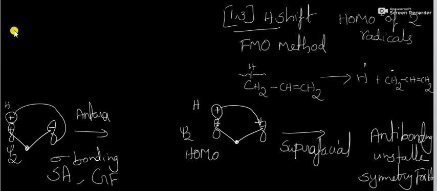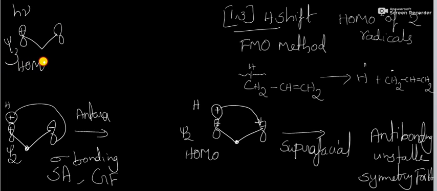Then third case, that is in the presence of light. 1,3 hydrogen shift under photochemical reaction following suprafacial migration. Here again HOMO of reactant has to be considered. In the presence of light, which will be HOMO? HOMO will be psi 3.